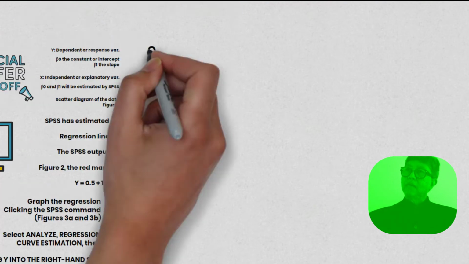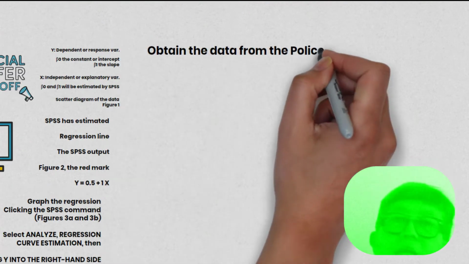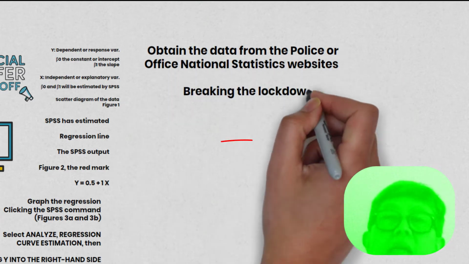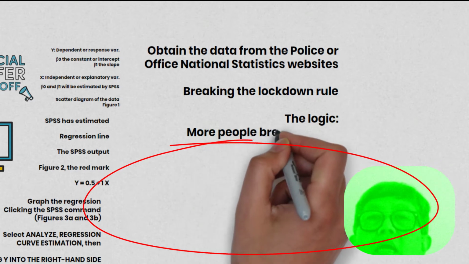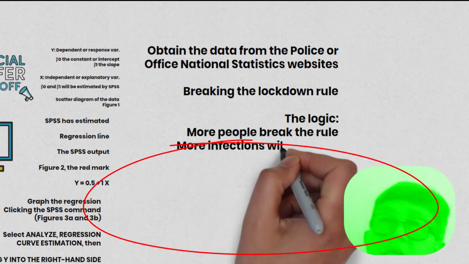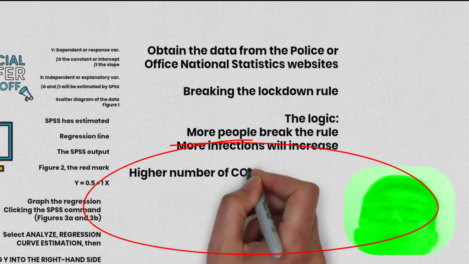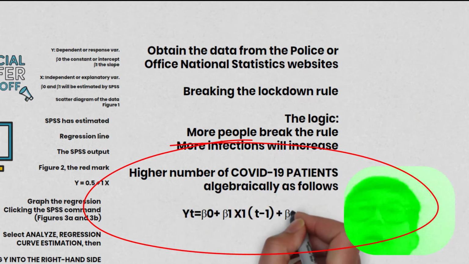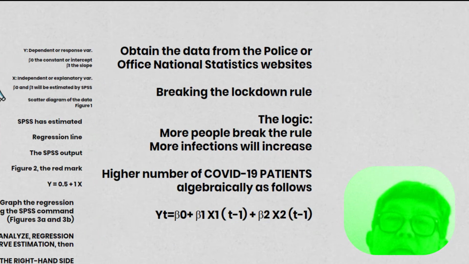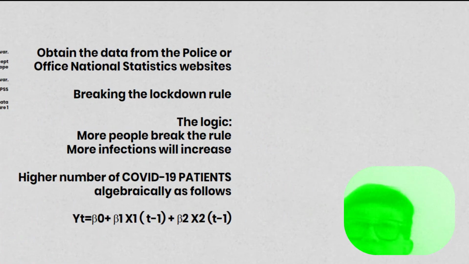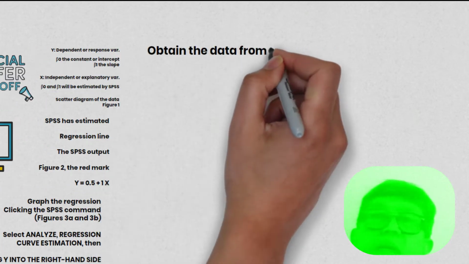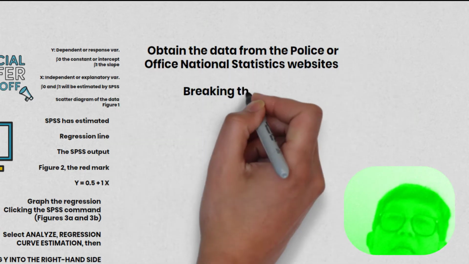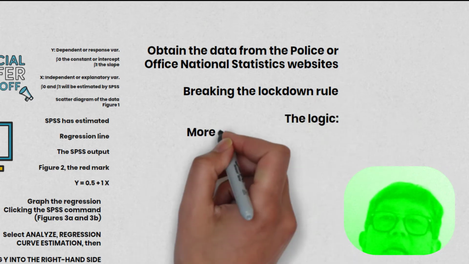The data is available; you can obtain it freely from the police website or the National Statistical Office. In this case, the logic is the more people breaking the lockdown rules, the higher the COVID-19 patients, because more infection will increase the patients.